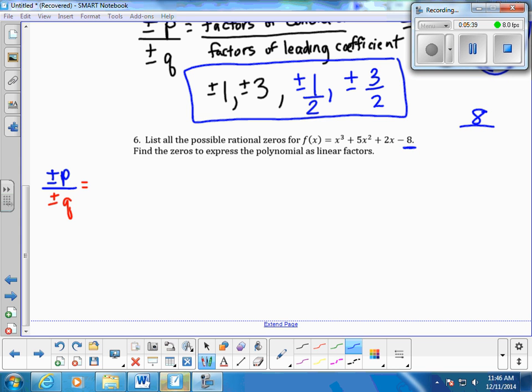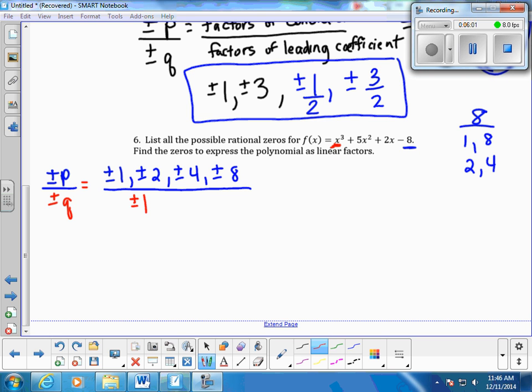So all the ways to get 8 is 1 times 8 and 2 times 4. So I would say plus or minus 1, plus or minus 2, plus or minus 4, and plus or minus 8. That's all the factors for our constant term. And then our leading coefficient is a 1, so the only way to get that is plus or minus 1.